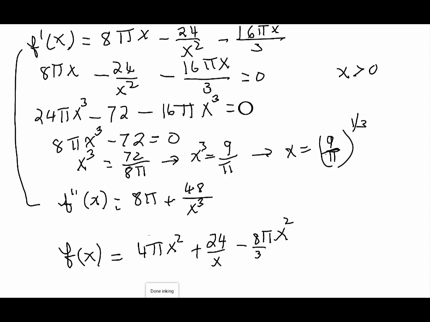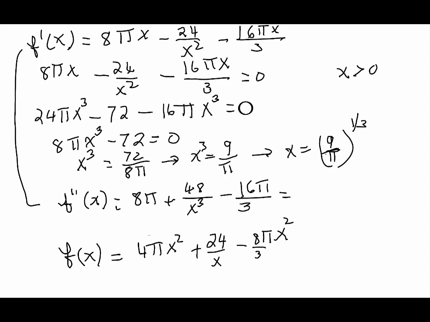Because when you differentiate x to the -2, that will be -3 times x to the -3, which will simplify to this, minus 16 pi over 3.